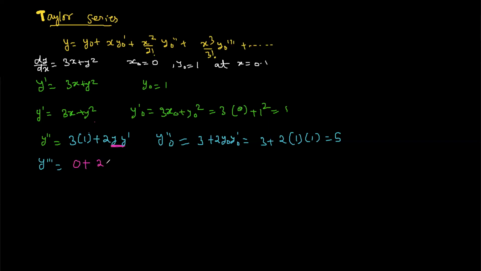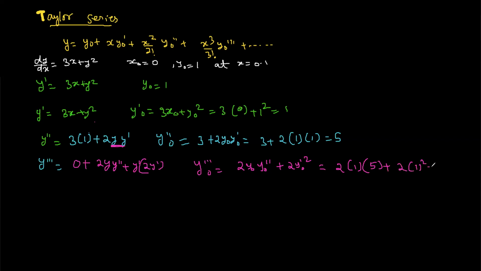Use the UV rule: 2y y double dash plus y dash, 2y dash, right? So y triple dash 0 becomes 2y0 y0 double dash plus 2 y dash square. So 2y0 is 1, y double dash 0 is 5, plus 2 into 1 square, so 12. Okay, I could also find y4 and y5, but there is no need to go further. I said take at least 3 non-zero values.